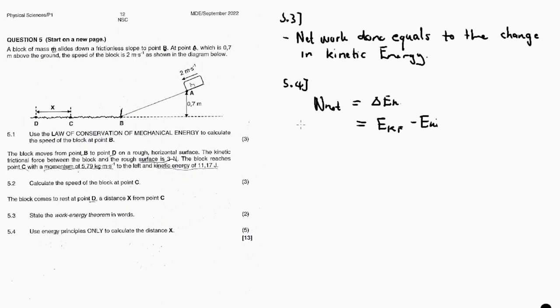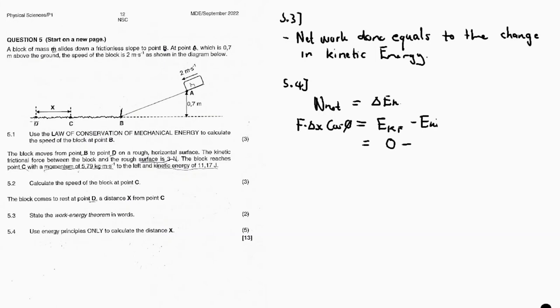So work done is calculated as force times delta x cos theta. So the final kinetic energy is 0. Why? Because when it gets to D, it comes to a stop. Initial kinetic energy, remember, sisuka from point C all the way up to D, right?